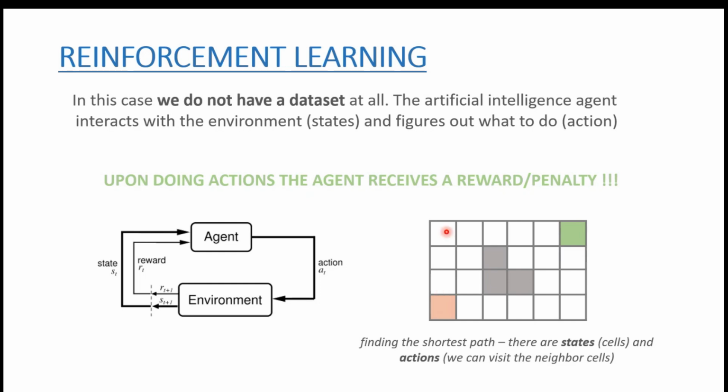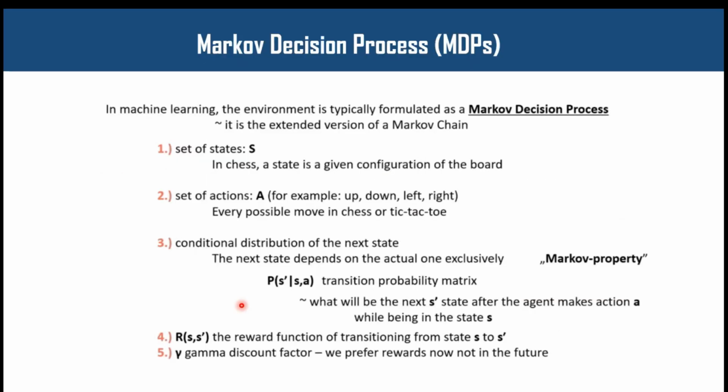So, for example, if the agent is here and it is moving from this point to this point, it is based only on the current state. It does not depend on the previous states. How it came here does not matter for moving from this point to this point. It purely depends on the current state. That is called the Markov property.